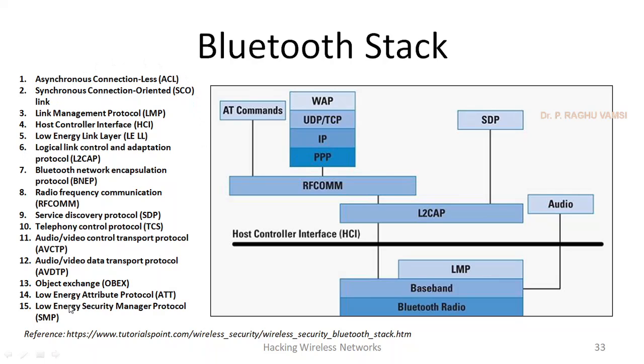You can go through these protocols, but whatever protocols are available here in the protocol stack are the only ones that need to be concerned. The upper layer protocols and stack usually vary from version to version, and some more security standards or features may be added and removed in later versions. So this is the overall idea of the Bluetooth stack.